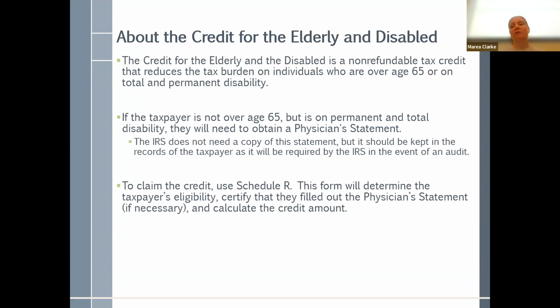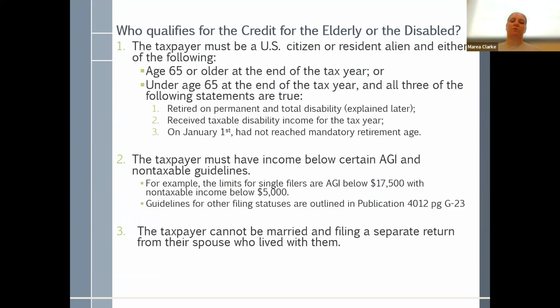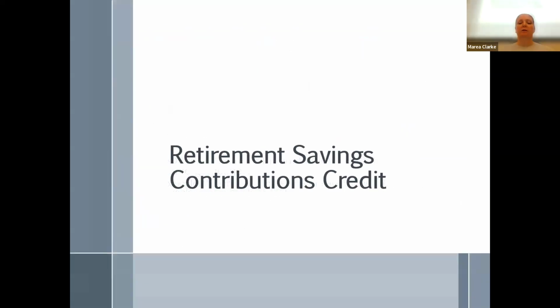If they are not over age 65, they're going to need a physician's statement. They don't have to send it in with their tax return, but they need to have it so that they can provide it to the IRS if they get asked. There is a special form, Schedule R, that's filled out, determines the eligibility, and calculates the credit amount. I'm not going to worry about that.